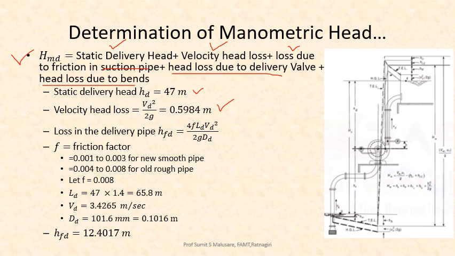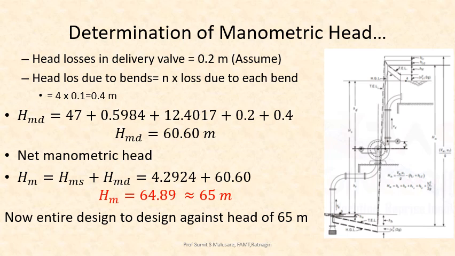Again, f I have assumed the friction factor as 0.08 as discussed for the suction side. Length of the delivery pipe is 65.8 meters. Velocity of the liquid in the delivery pipe is 3.4265 meters per second. Diameter of the delivery pipe is 0.1016 meters. From this I will get the frictional head loss in the delivery side as 12.4017 meters.